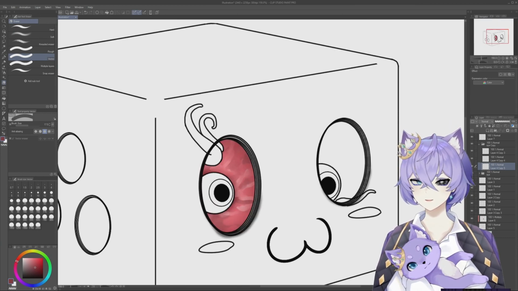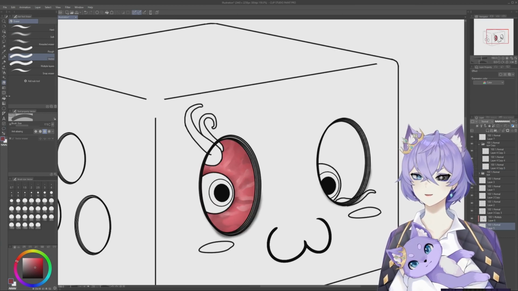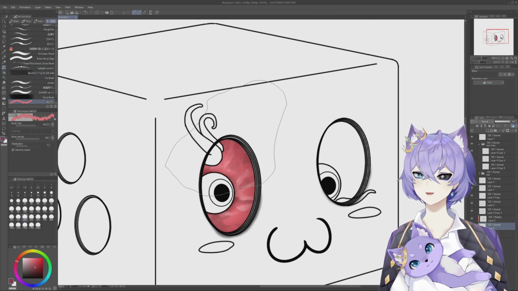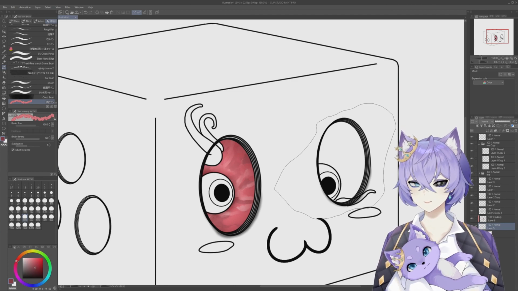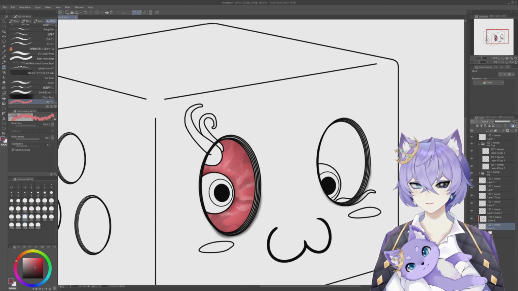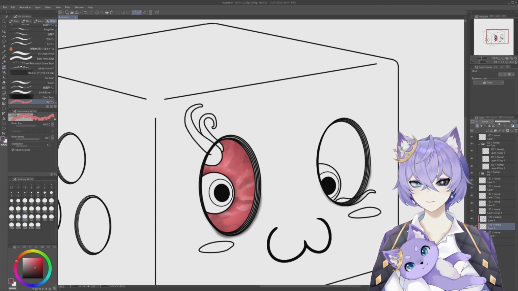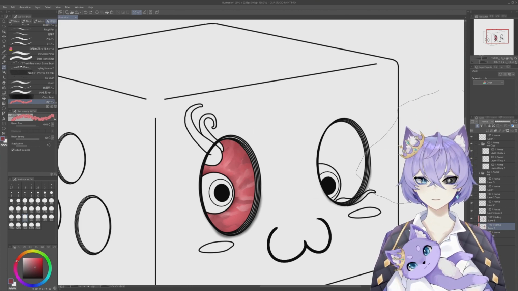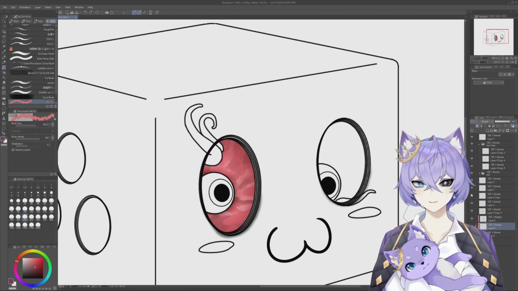And then we take our meat brush again. Where's my meat? Where's my meat? I need to slap my meat. Put on a new layer. What? Why is it not applying?